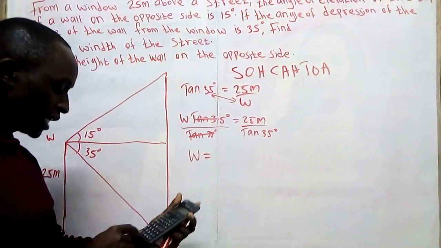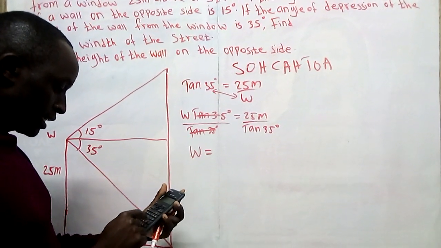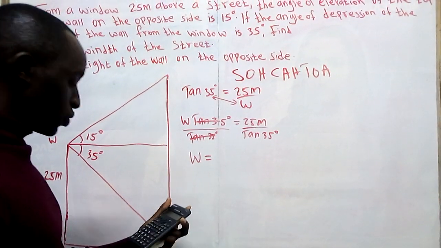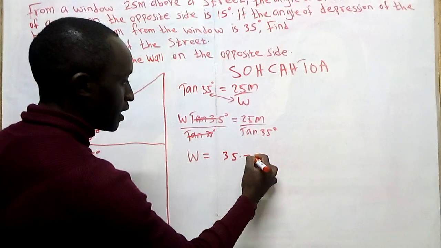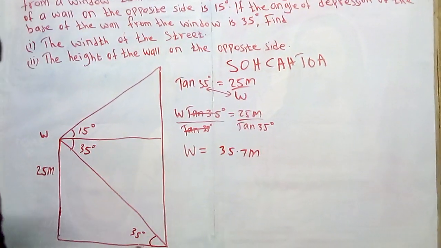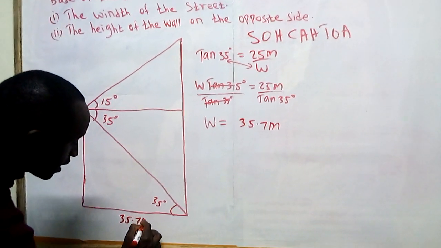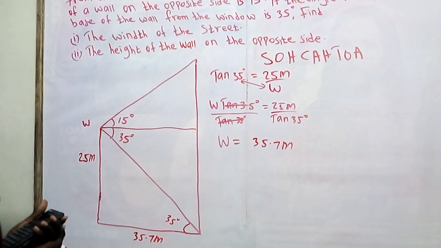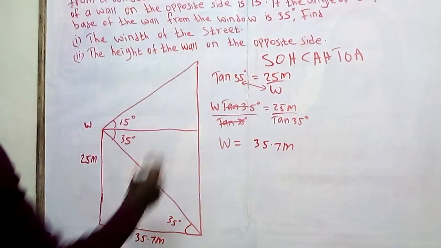If I take my calculator, I'm going to get 25 divided by tan 35, which is equal to 35.7 meters. Therefore, my width here is 35.7 meters, and this is the answer for the first question, find the width of the street.